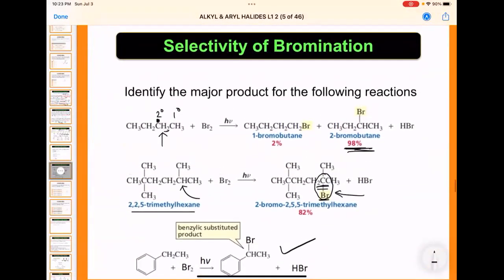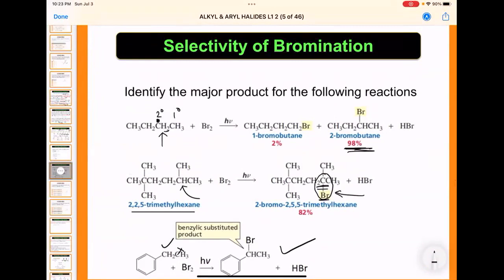What about this one? Just now we have seen that there is a benzylic carbon, the carbon atom which is directly outside the benzene ring. This is the benzylic, not this one. And its hydrogen can be broken very easily. It has the least energy, because it is resonance stabilized.